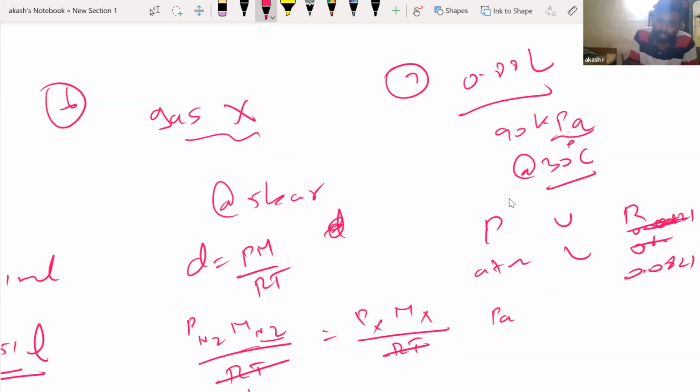If pressure is in Pascal and volume is in liters or meter cube, it's all about what pressure you're using. In that case, you have to use the R value as 8.314. Be very careful.